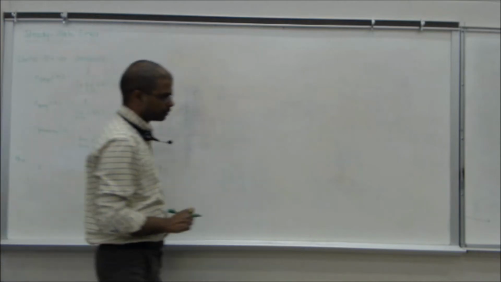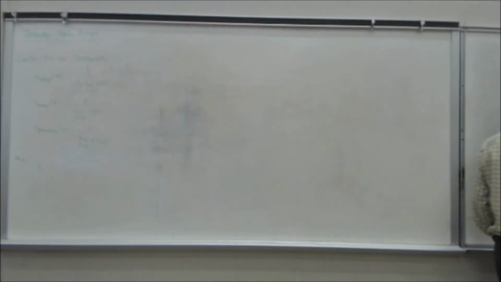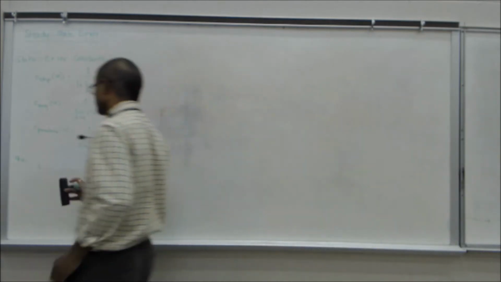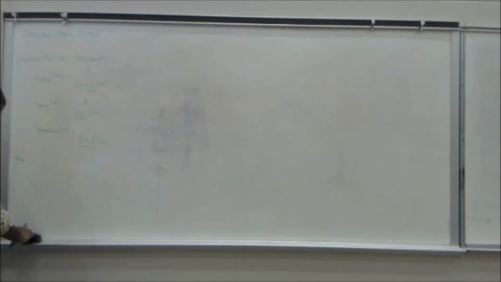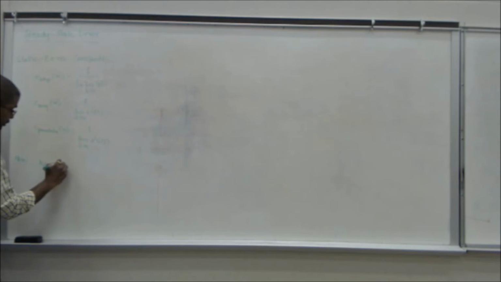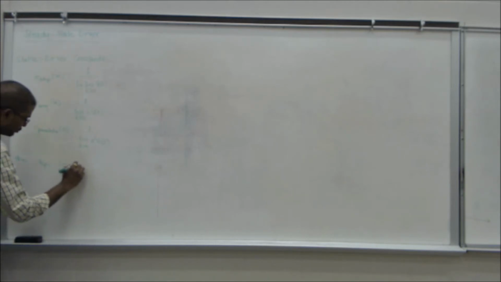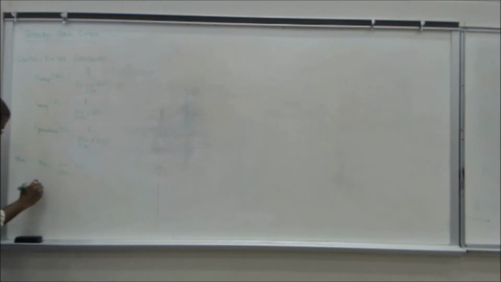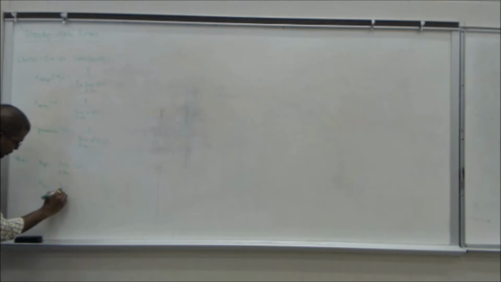We introduced three steady state or static error constants called position error constant, velocity error constant, and acceleration error constant. So Kp is defined as the limit as s tends to 0 of G(s), and Kv is the limit as s tends to 0 of s G(s).